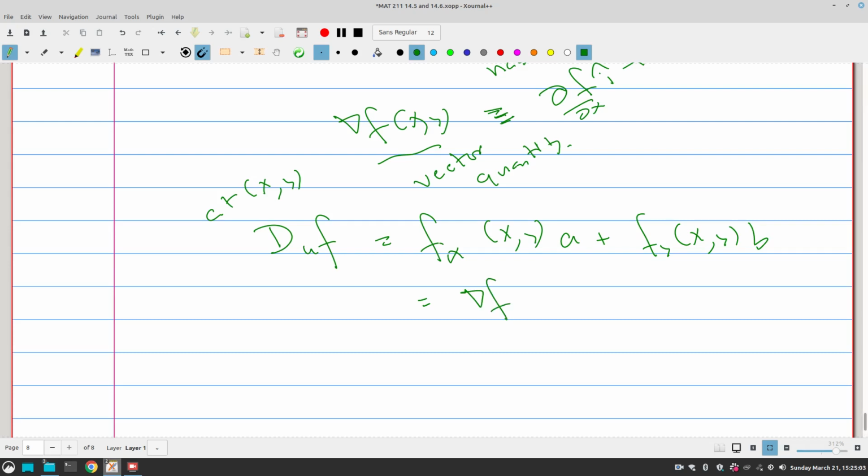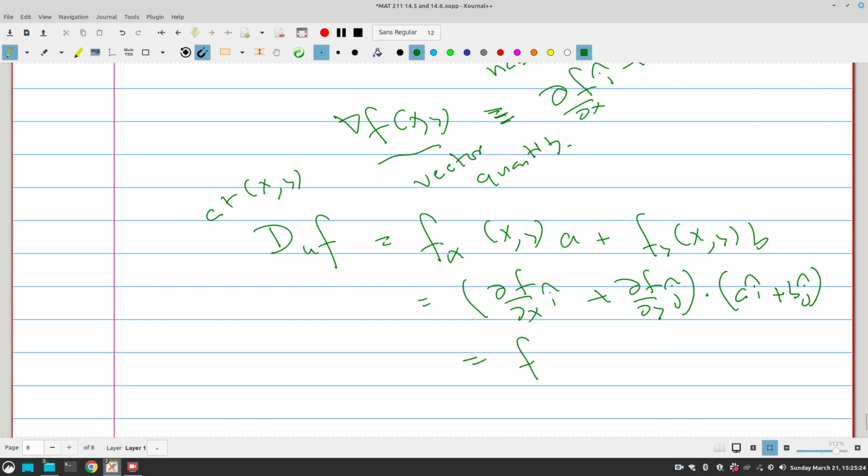This can be written as partial f over partial x i plus partial f over partial y j, dot a i plus b j.